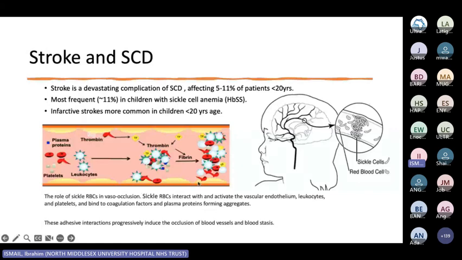So this combination of different interactions within a blood vessel causes progressive occlusive disease within the blood vessels itself and possible blood stasis. And this could be the middle cerebral artery, anterior cerebral artery, and then that can cause an infarctive event.